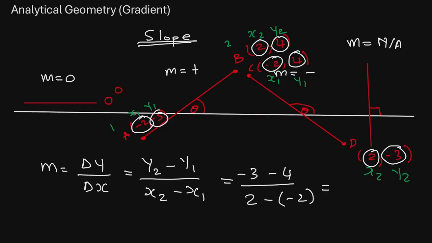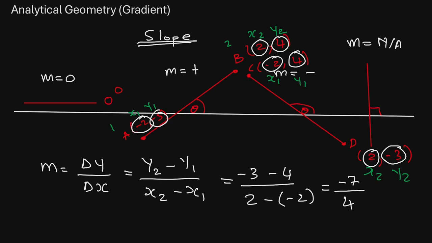Now if we evaluate this, we are going to have -3 minus 4, which is going to give us -7, and we are going to have 2 plus 2, which is going to give us 4. Therefore, we can clearly see that our gradient is going to be a negative value. So this proves that if you have a decreasing line, the gradient is going to be a negative gradient.